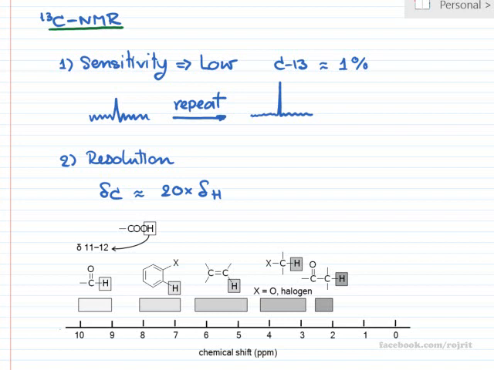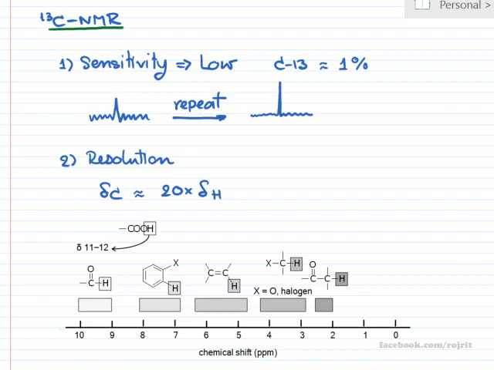But the advantage of carbon-13 NMR is the resolution. As you know, from proton NMR, we have several kinds of protons in the molecule, in different kinds of environments, right?